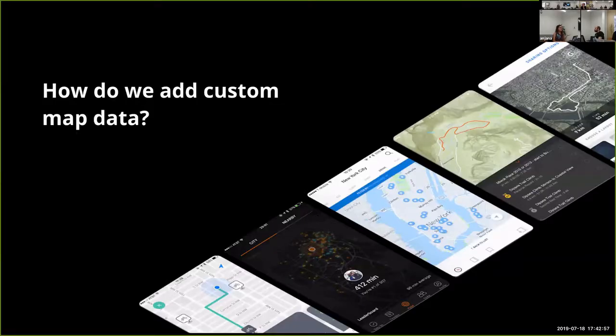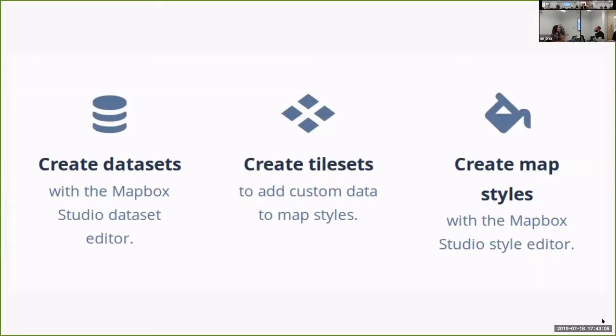So coming back to that question of how do we deal with that custom data? The typical solution, the easiest thing for many users, is to create data sets that are then uploaded to Mapbox, and that Mapbox can then serve out. This could either be a data set that you upload that you maybe have in some other format that you've got from some other source, which we then process into our Mapbox tile set format.